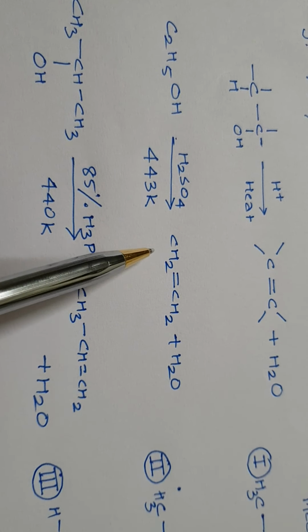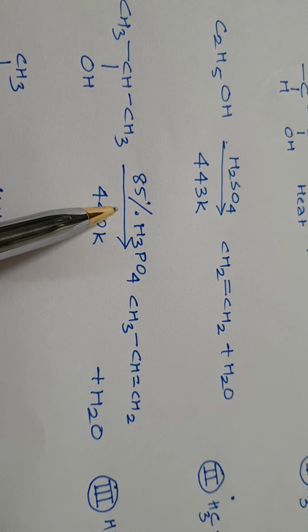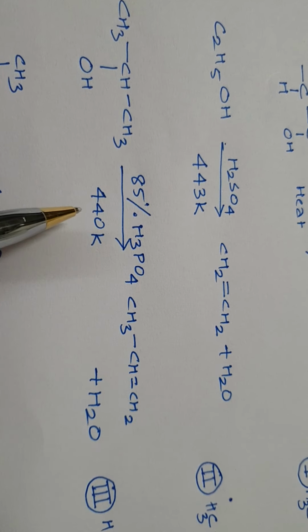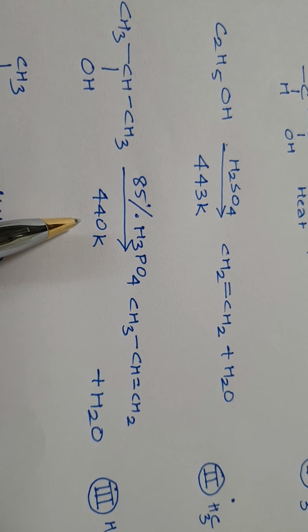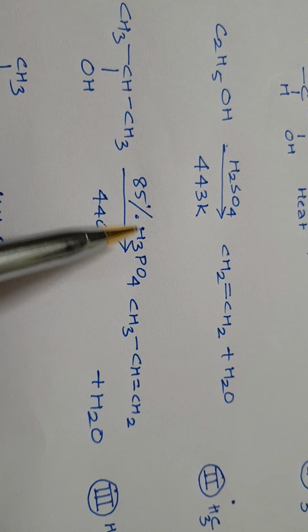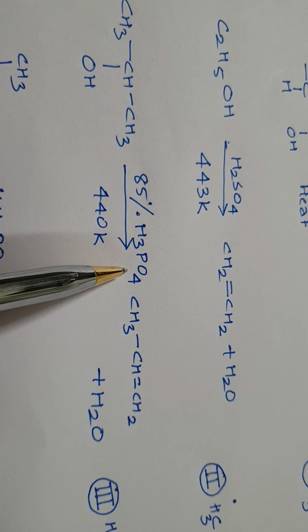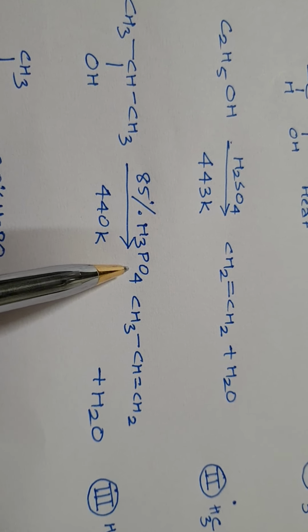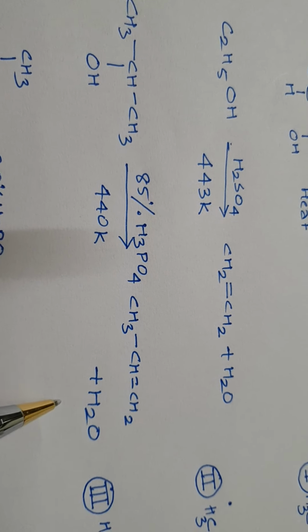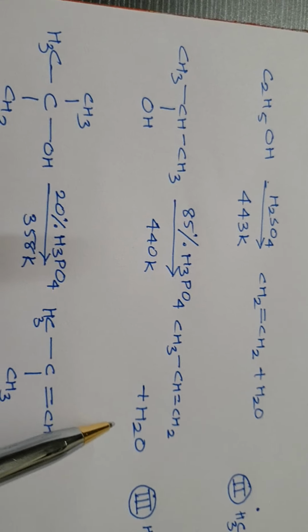In the case of a secondary alcohol, in a similar way, you have a removal of OH and that of a hydrogen. This reaction takes place at comparatively lesser temperature than that of a primary alcohol. It's around 440 Kelvin, and a comparatively milder acid is used over here, that is 85% H3PO4 phosphoric acid, and what we have is a formation of an alkene taking place with water as a byproduct.